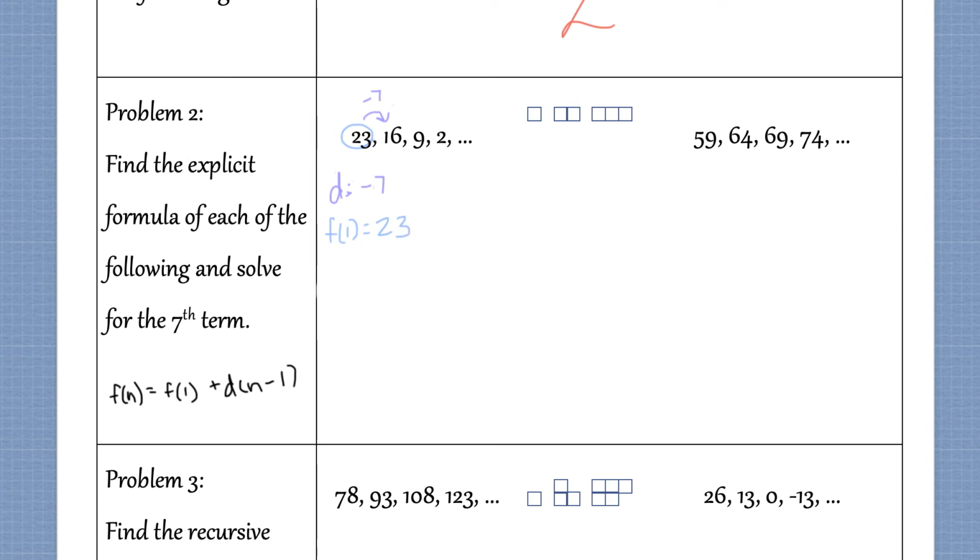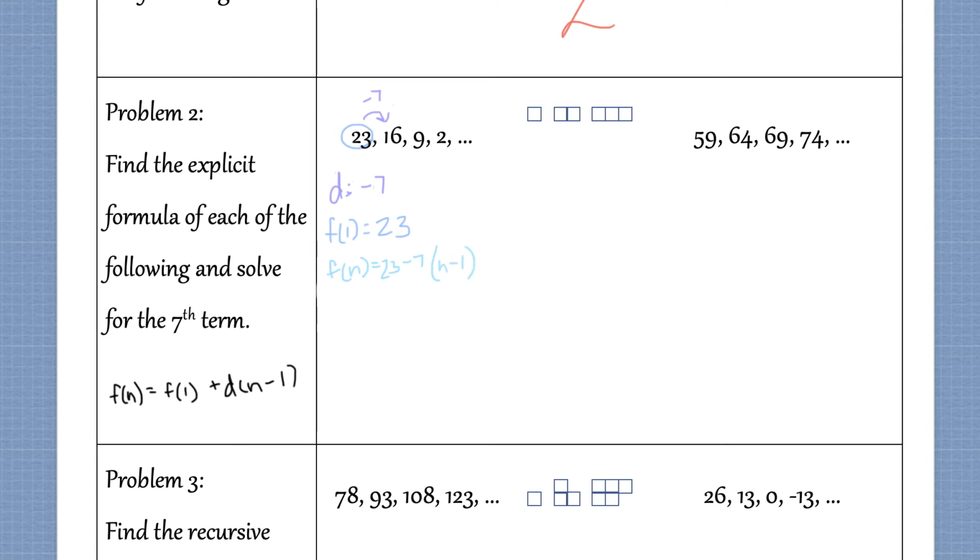Now we can move on and we can write our explicit formula. And so we're going to write f of n is equal to f of 1, which is 23, plus d, which is -7, and so I'm going to write 23 minus 7 times n minus 1.